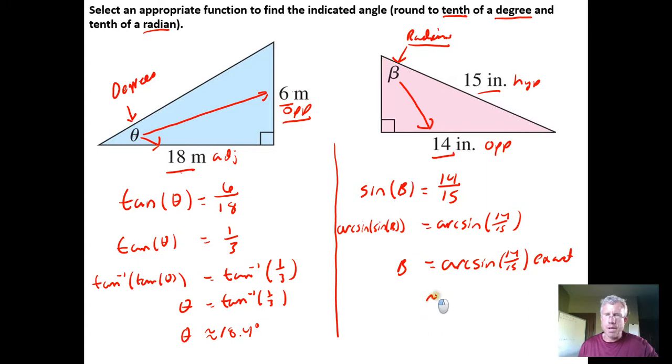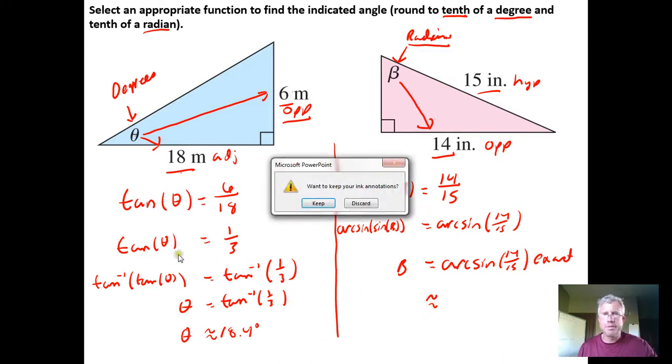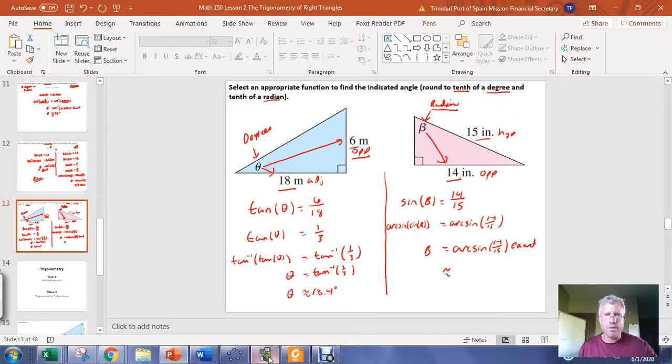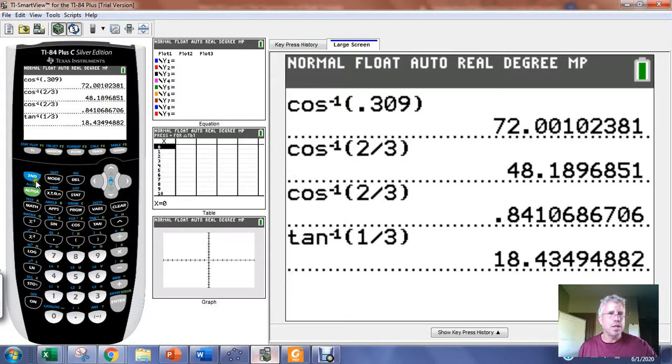And then if we want to approximate it to the nearest tenth, we go to the calculator. We're using the inverse sine function, so it's going to be second inverse sine of 14 divided by 15.